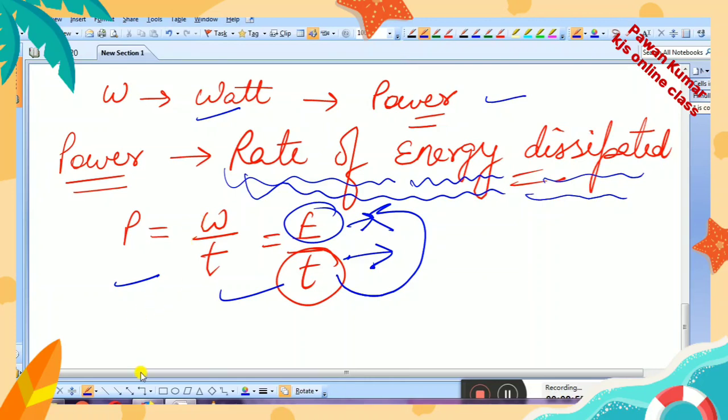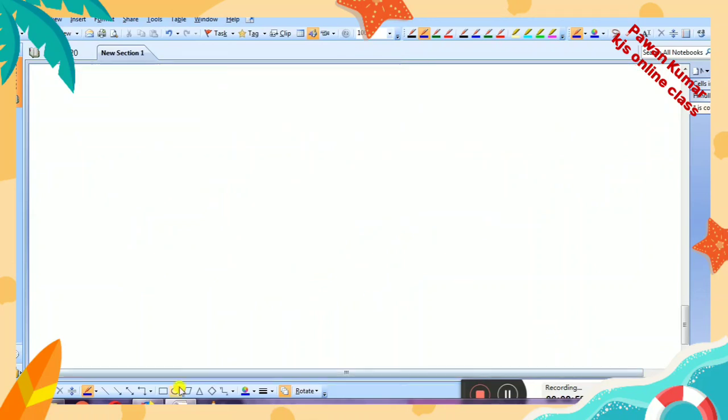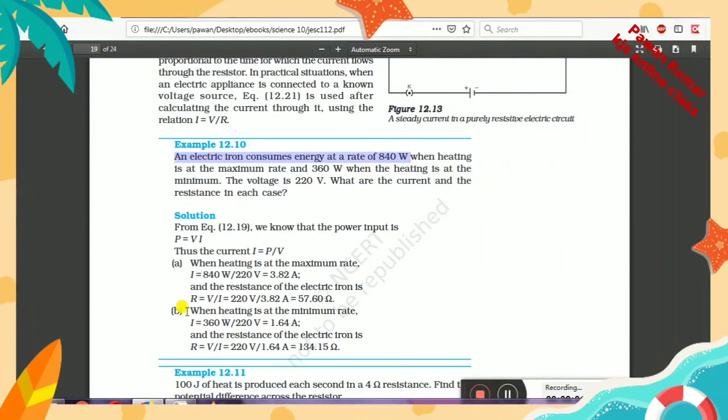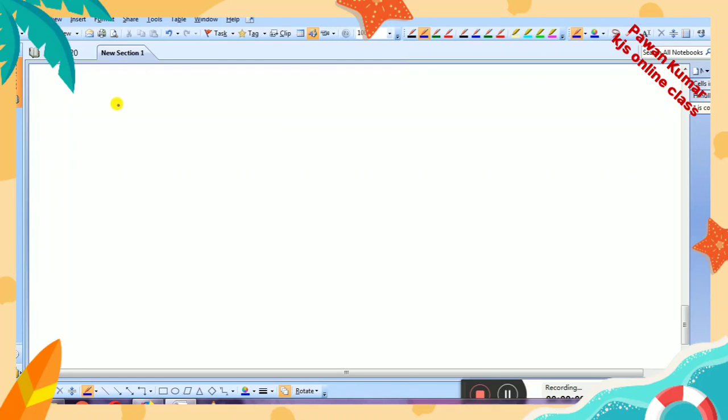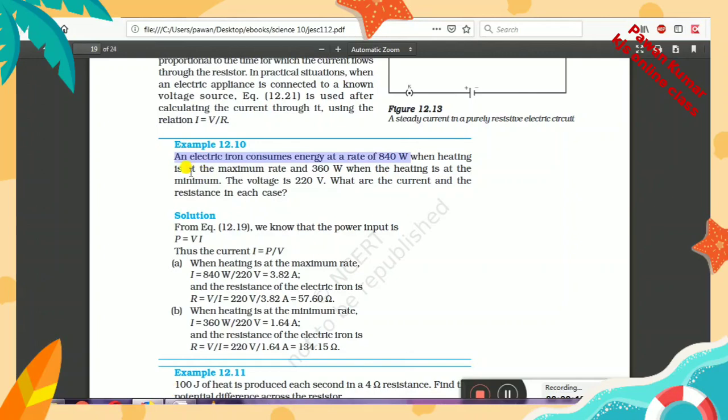Okay, now let us move back to the question and see what it is. Power is given. Power is 840 watt when heating is at maximum rate, and 360 watt when the heating is at minimum rate.